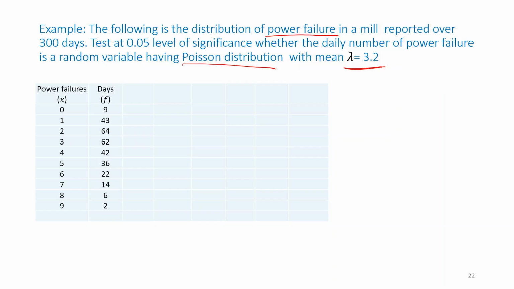So here the mean is already given and the question being raised is, if the lambda value is 3.2 and it is specified that this is following a Poisson distribution, then does the frequency distribution that we find here follow the Poisson distribution with the mean 3.2?